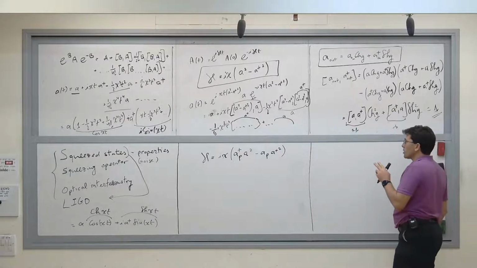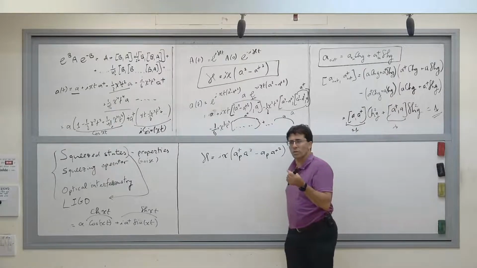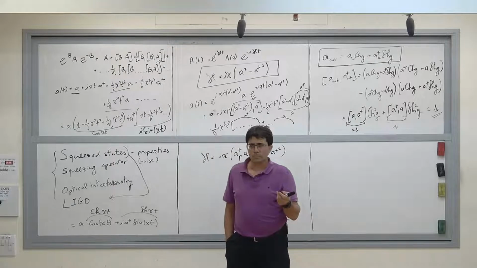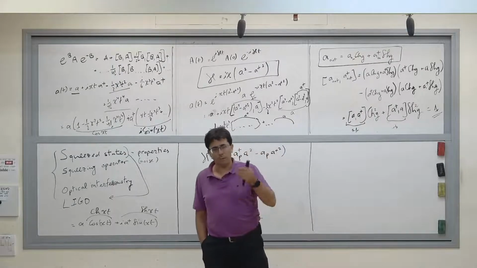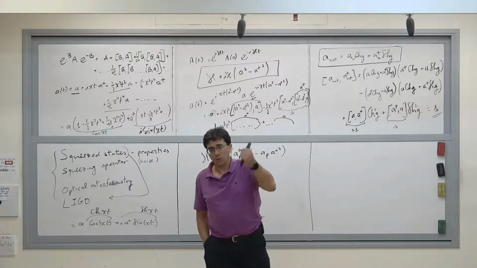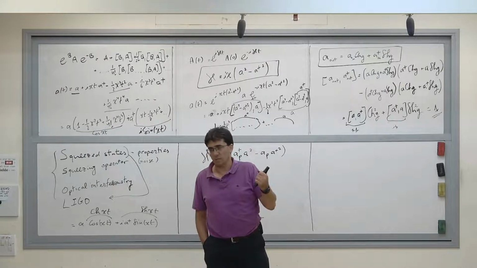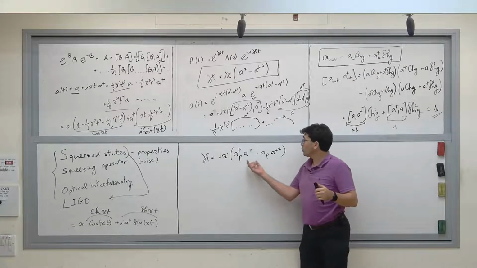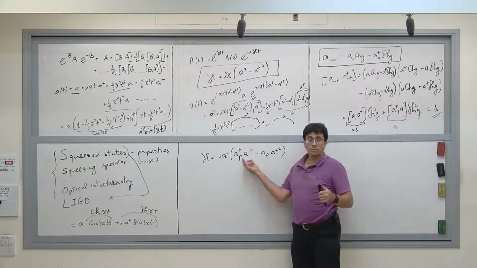So as I told you, this has to do with a nonlinear interaction between fields. So actually there's this pump field, the one that does this. Now this pump field is a source of energy.